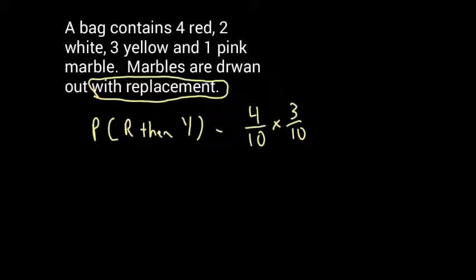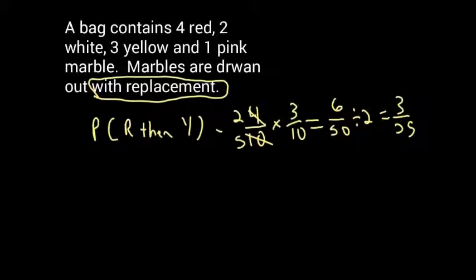So 4/10, you can divide both of those by 2. So 4 divided by 2 is 2, 10 divided by 2 is 5. So now I can just simply multiply. 3 times 2 is 6. 5 times 10 is 50. I still need to reduce this, but I don't have to reduce this as much as I needed to if I didn't reduce before. So I can divide both those by 2 to get 3/25.